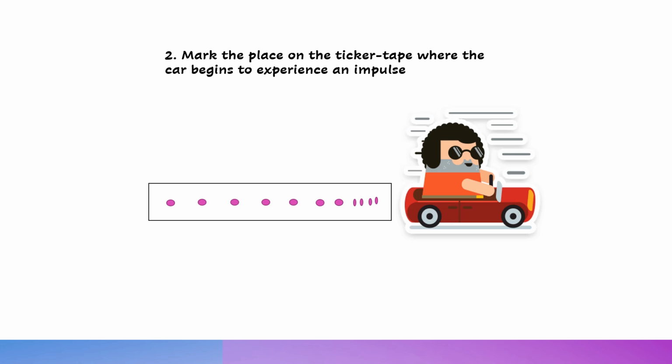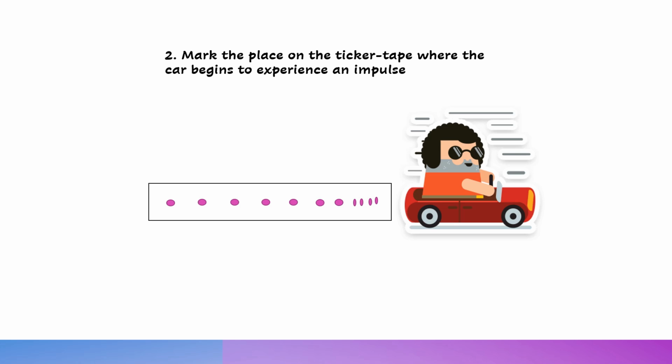So the question tasks us with locating the place that the car begins to experience an impulse. Well, we know impulse is equal to F delta t. So when the car experiences an impulse, a force must be applied to it for a certain period of time. And according to Newton's second law, force is equal to mass times acceleration. So where the car begins to experience an impulse, it will also begin to accelerate.